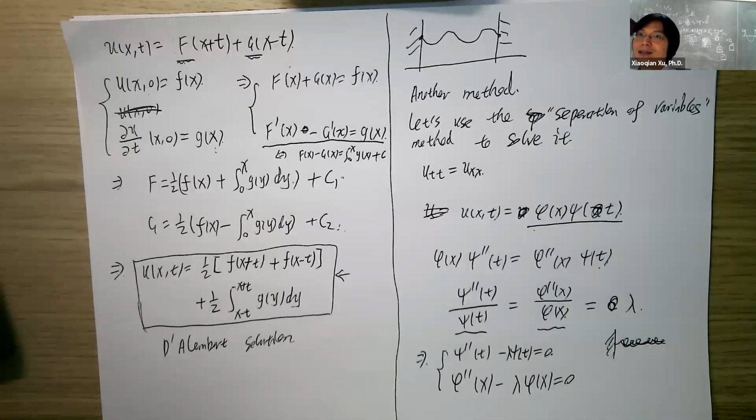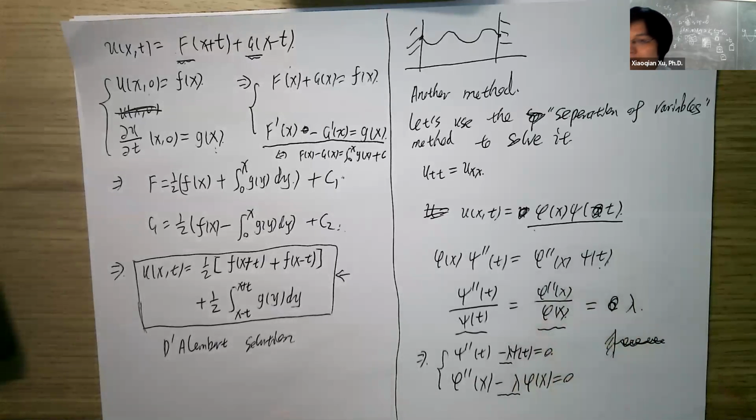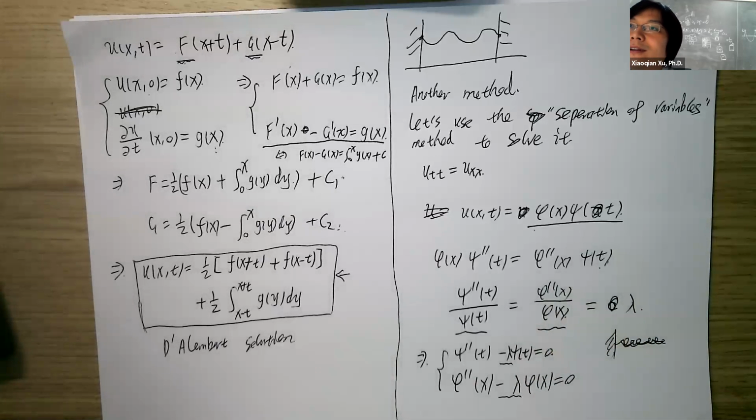You know how it behaves simply by solving a second order ODE like this. But maybe there is another problem if you have learned this ODE course rigorously. That is, the sign of lambda is actually crucial, right?